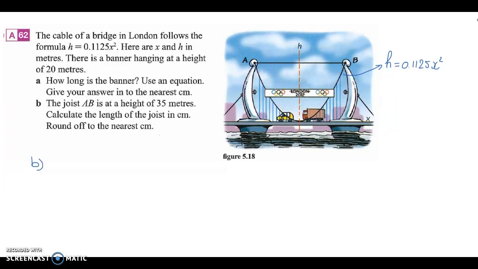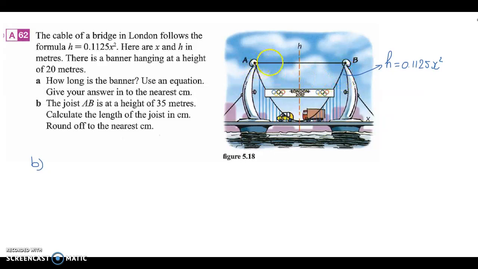B. The joist AB is at a height of 35 meters. Calculate the length of the joist in centimeters. Round off to the nearest centimeter. First of all, a joist is a length, here going from A to B, that supports the structure to make sure that it doesn't fall apart.